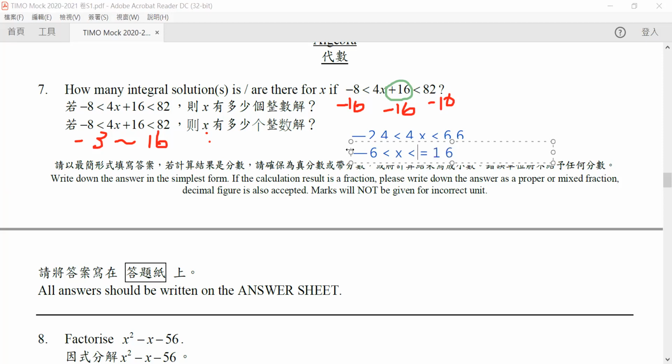So it should actually be from -5 to 16, which is equal to 22. And 22 is our answer.